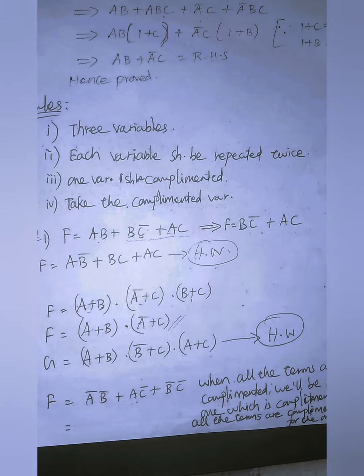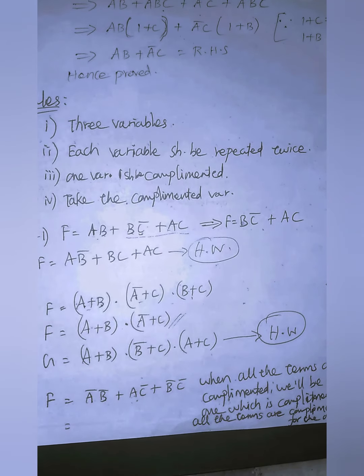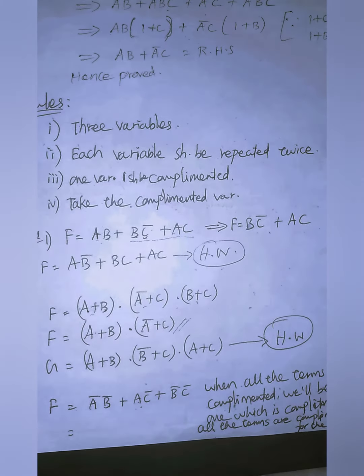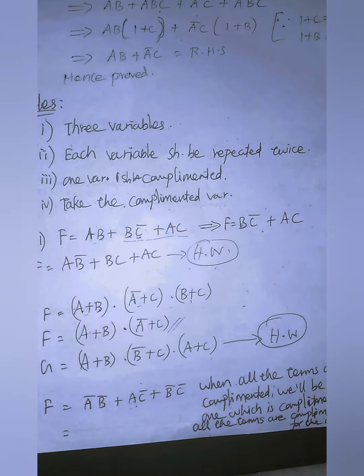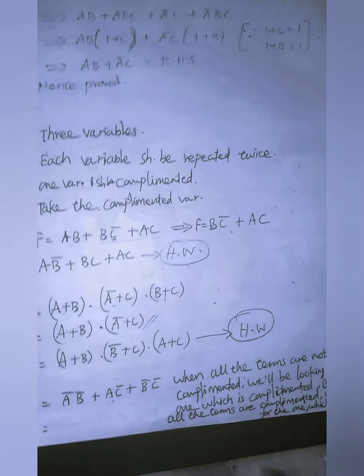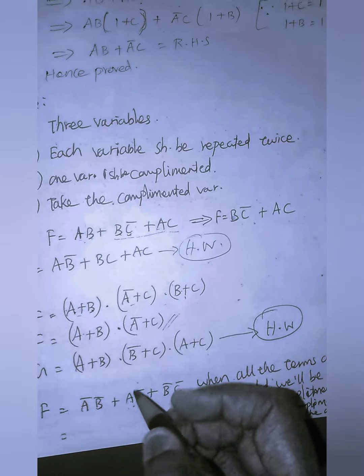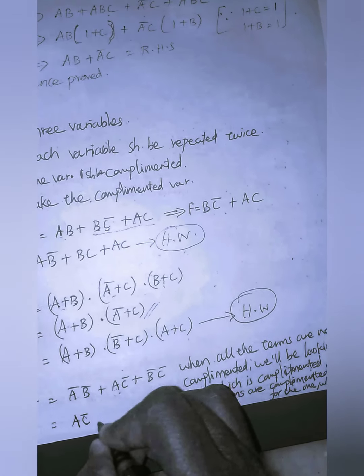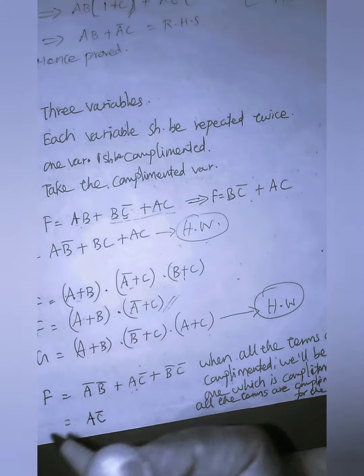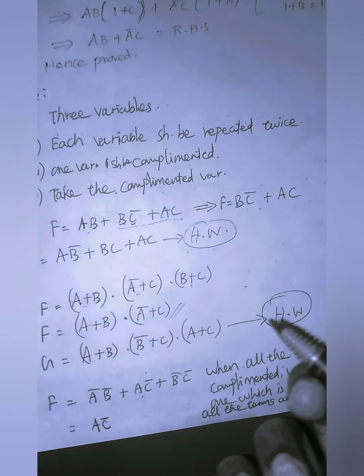As all the variables are complemented in the expression, see which one is not complemented: this AC bar. So write this first, AC bar. Then what is the other term you have to choose?